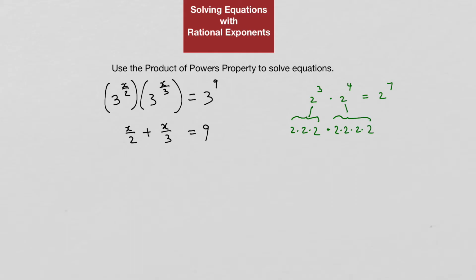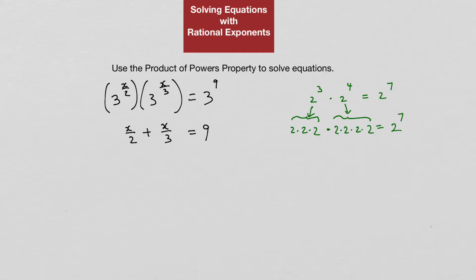And that equals 2 to the 1, 2, 3, 4, 5, 6, 7. So that's 2 to the 7th power. And this is why when we are multiplying these together, we just add the exponents. So when we bring these down to here, we are adding these together, and we're keeping this 9 on the other side of the equation.